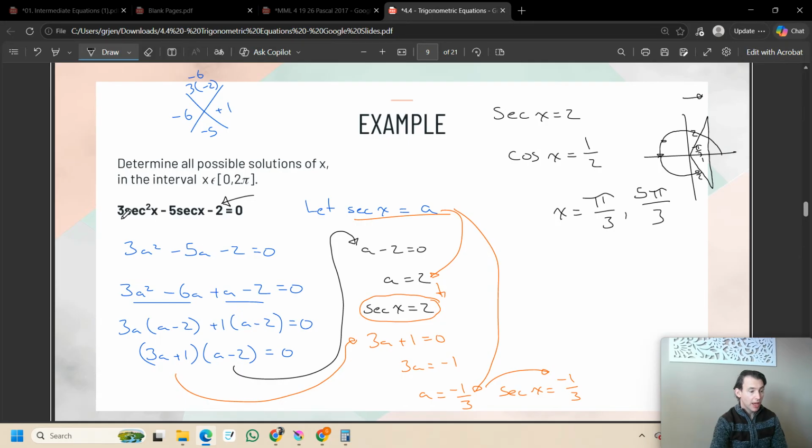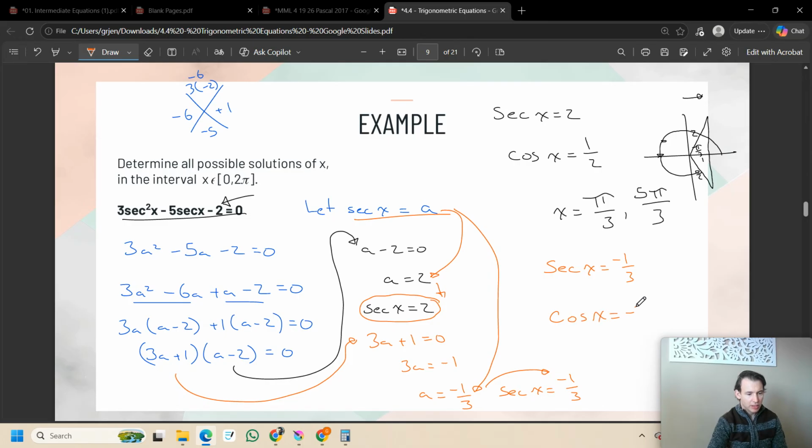You could go back and plug that on a calculator and check it, and it will work because I'm so confident. Okay, but what about this next one down here? If secant x equaled negative 1/3, anyone getting heebie-jeebies? That tells me cosine x is the reciprocal of that.